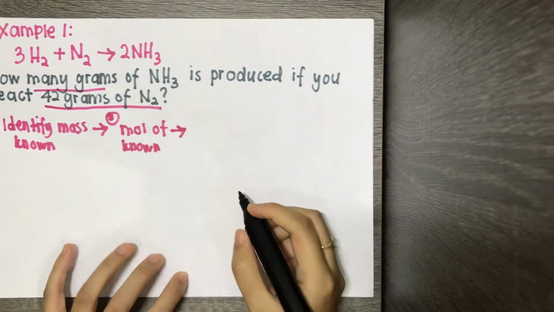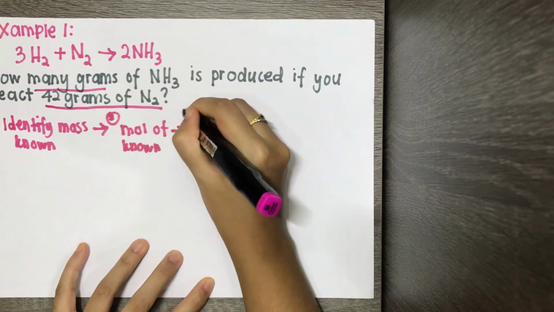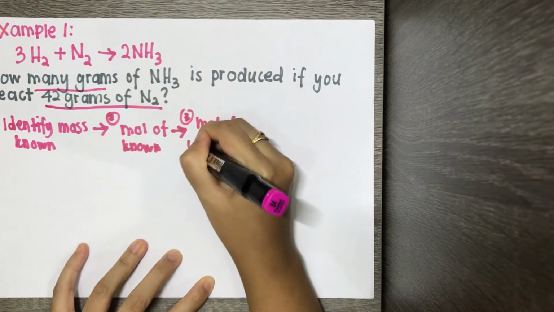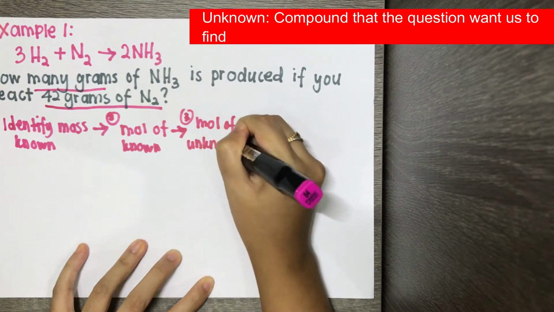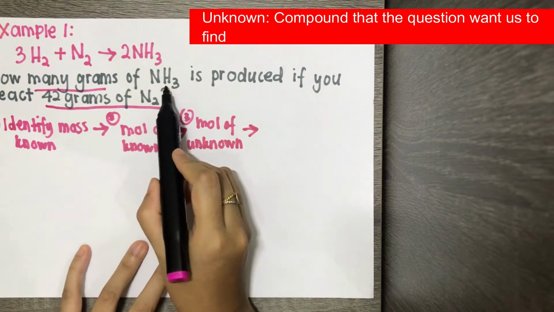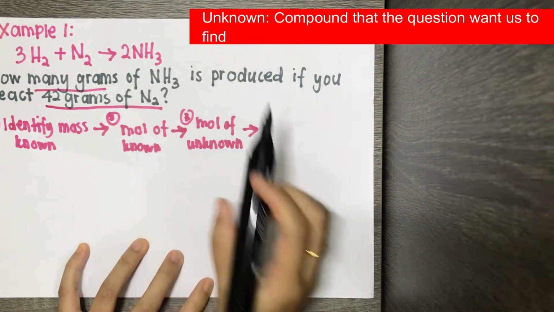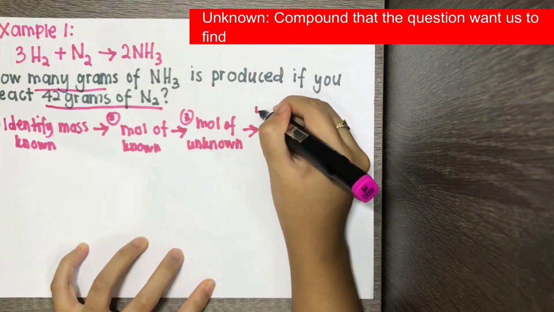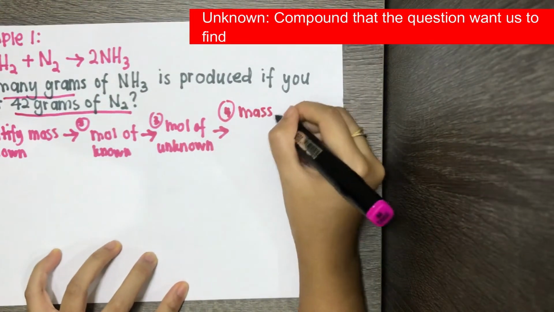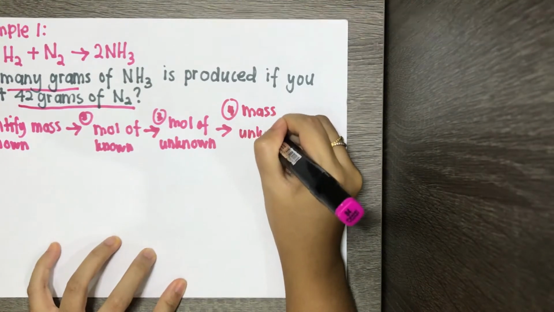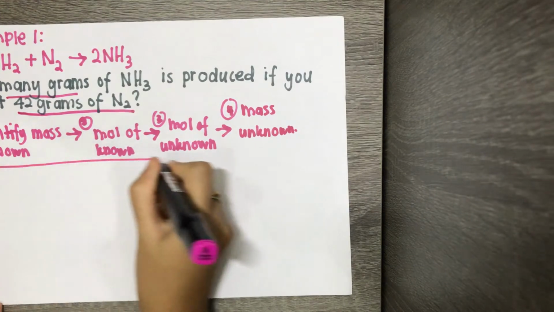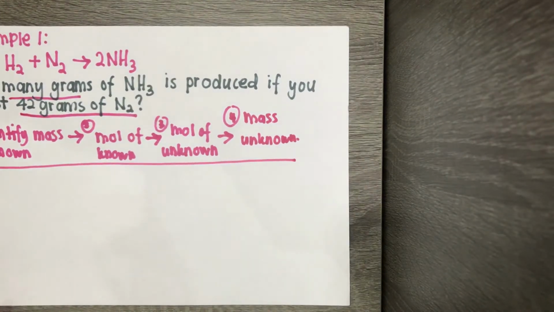The third step would be find mole of unknown. Dalam question ni, unknown kita adalah NH3, sebab ini yang kita nak cari. And the last step would be to find the mass of the unknown. So these are the 4 steps that we have to remember.